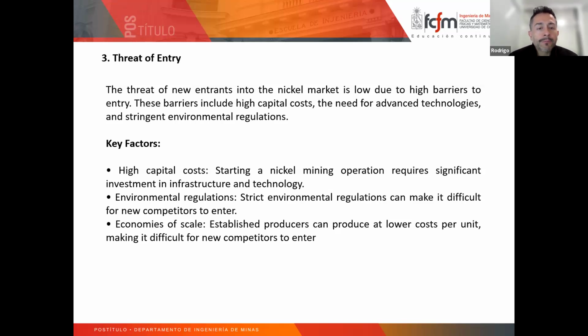The key factor: high capital cost. If you want to start a nickel mining operation, it's necessary to invest a lot of money in infrastructure and technology.